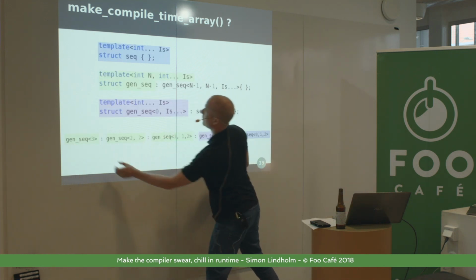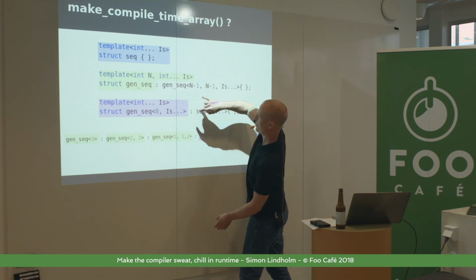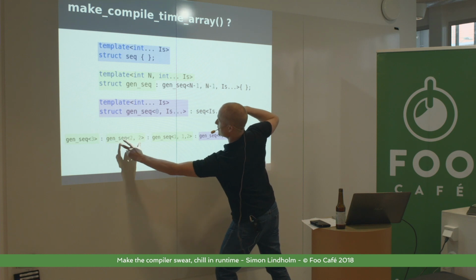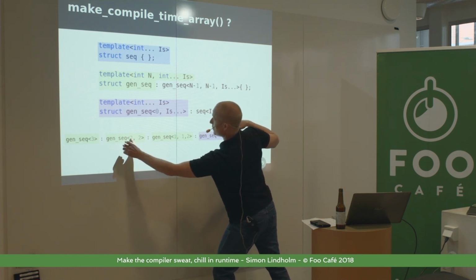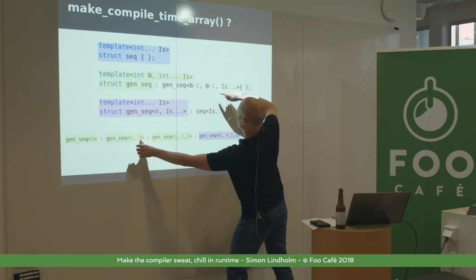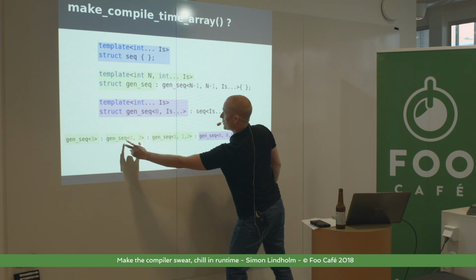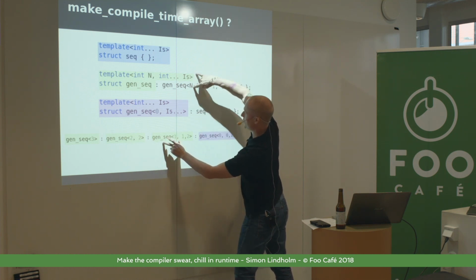So then gen sequence this, and if you look here, it inherits from this one. So here you subtract 1 from n, and you push n minus 1 to that list as well. This one in turn again inherits from this one.